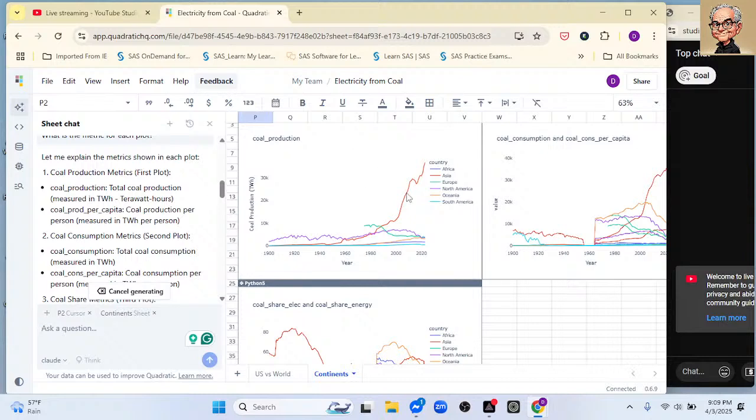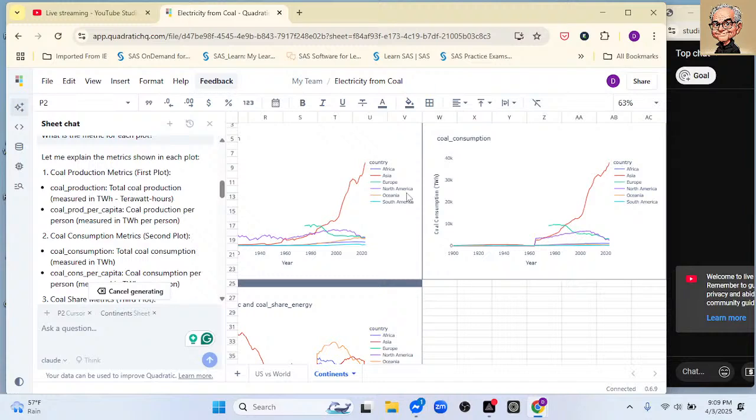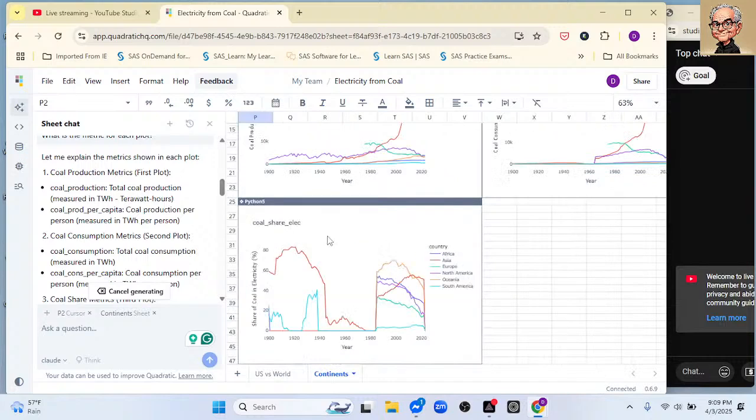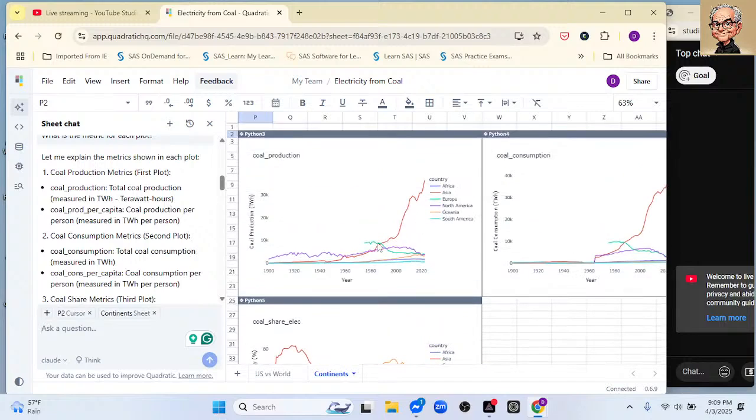Coal consumption. Okay, there seems to be a pattern here. South America doesn't use a lot of coal apparently. Coal share electricity. Asia. So Asia saw a big boost in coal production, right?